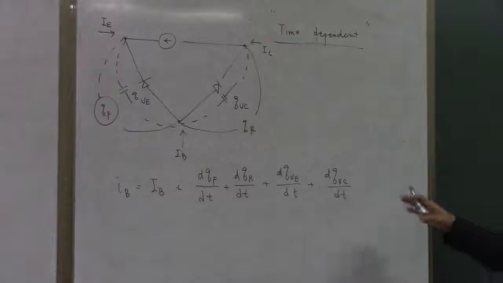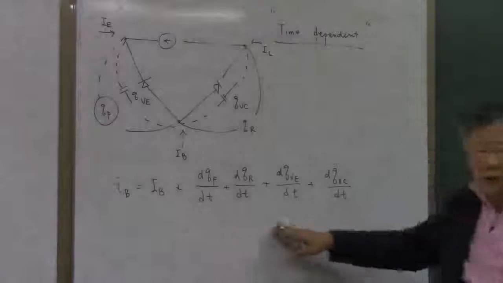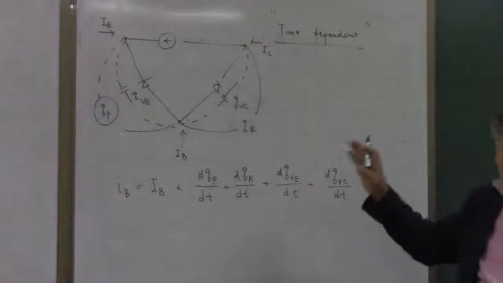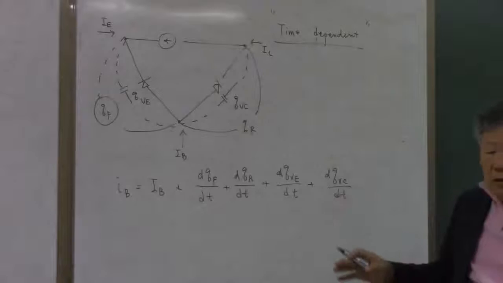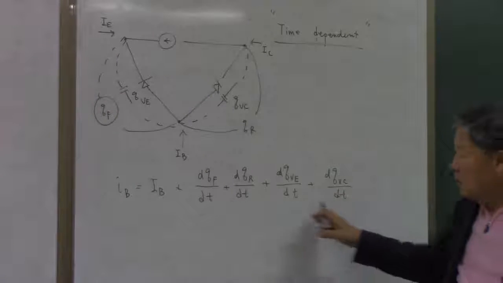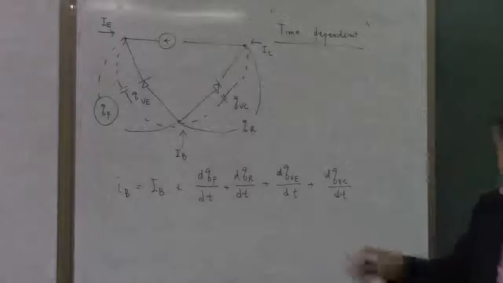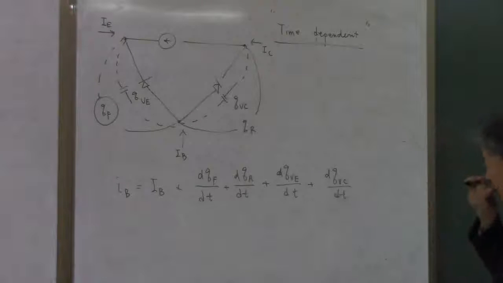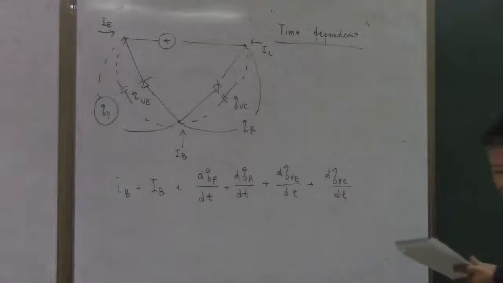In reality, among these terms, some of the terms are going to be very large compared to the others, so in reality the equation is not going to be this complicated.